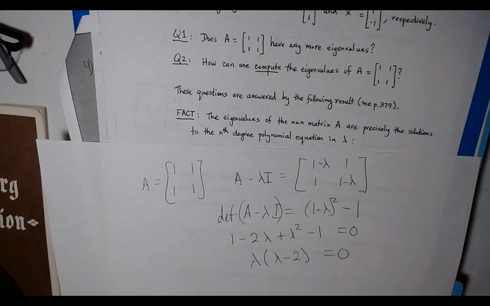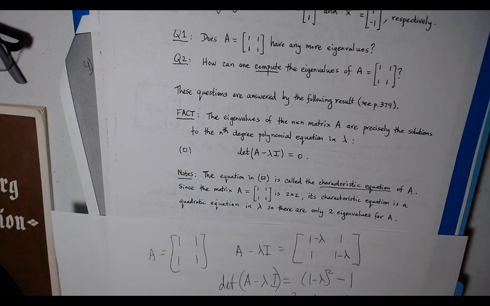For a 3 by 3 you're going to get a lambda cubed, and so you're going to get a number of eigenvalues equal to the number of rows in the matrix, except maybe that something might be repeated, right? Because it's the number of solutions to a polynomial equation. So we might have fewer real solutions than that.